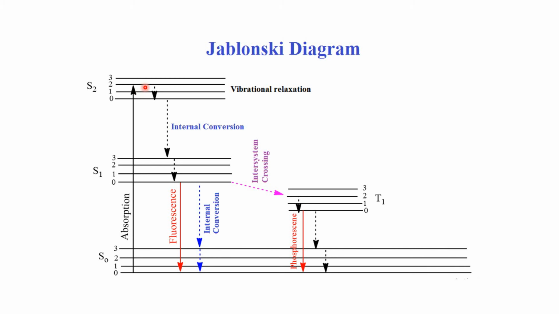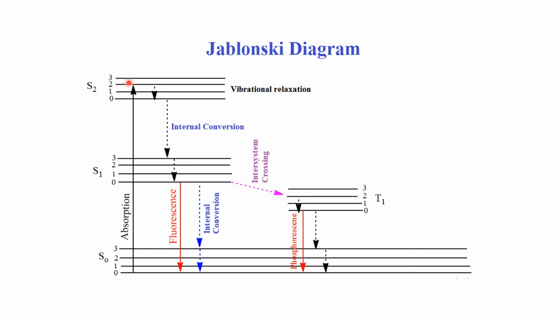Then, from the higher vibrational level of S2, it comes back to the zero vibrational level of S2, and this difference of energy is released in the form of heat, and this process is known as the vibrational relaxation.